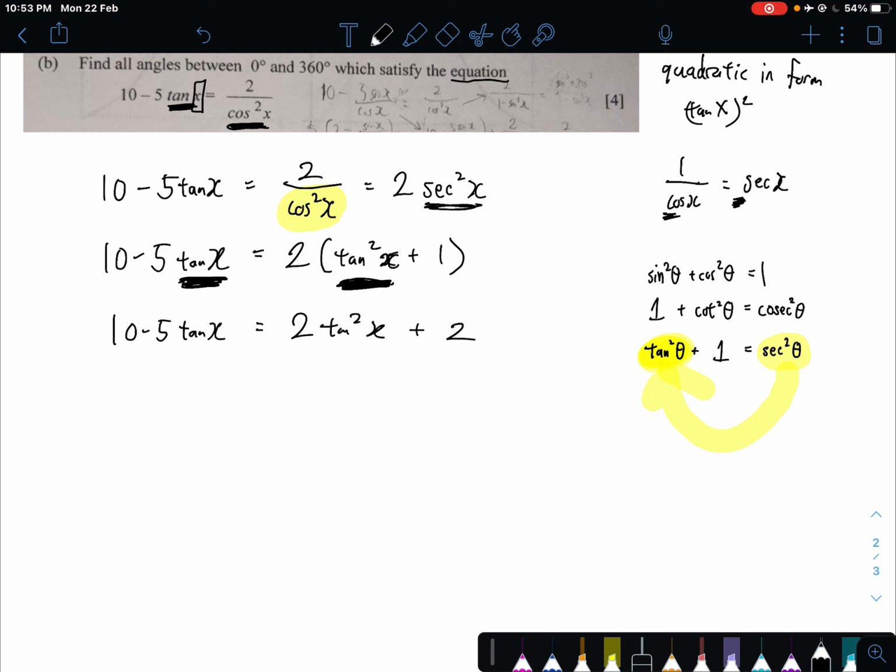Then you can bring everything over to one side. I like to keep the coefficient of the square term positive, so I'll leave my 2 tangent square alone, and the plus 2 alone. Minus 5 tangent x, bring over, becomes plus 5 tangent x. Plus 10, bring over, becomes minus 10, and you get 0 on the other side.